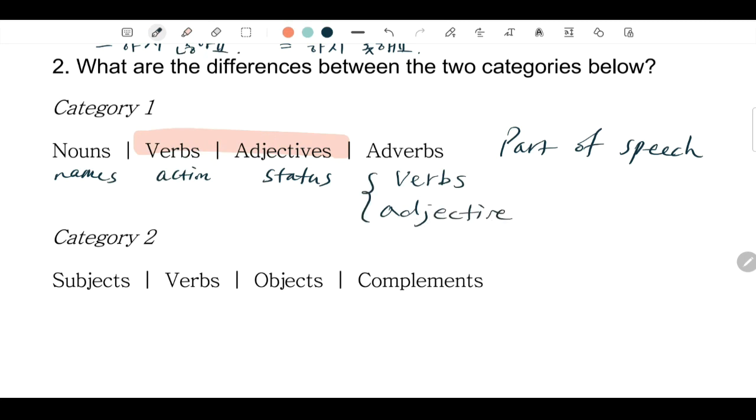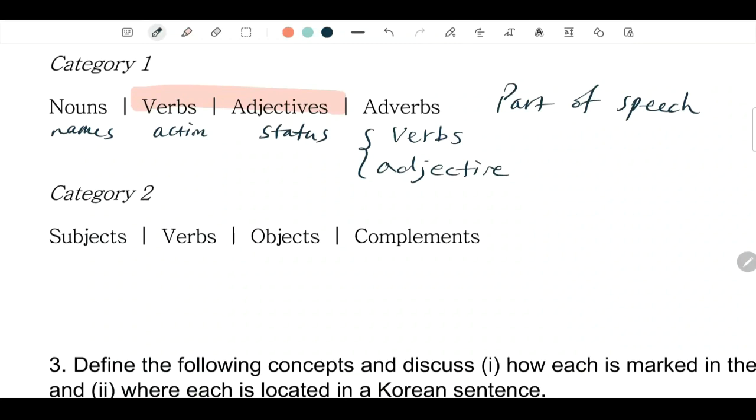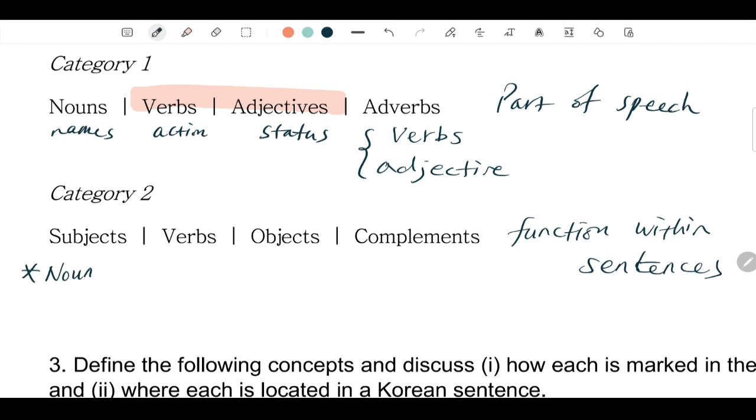Pretty is adjective. Category 2, when will I use, this is subject, this is verb, this is object. Function within sentences. Then let's link these two categories. From category 1, what can be subject? They're basically noun space. Subject supposed to be noun. However, because we're adult, we're very fluent in English, we know that what?